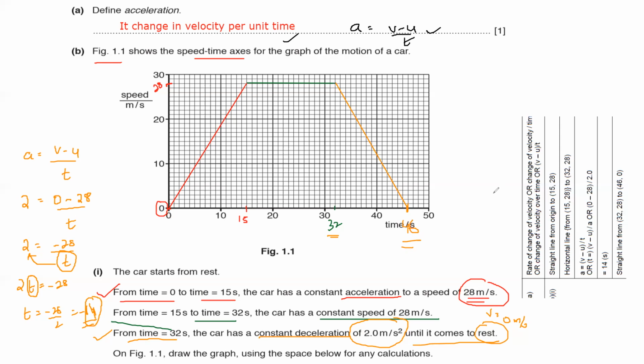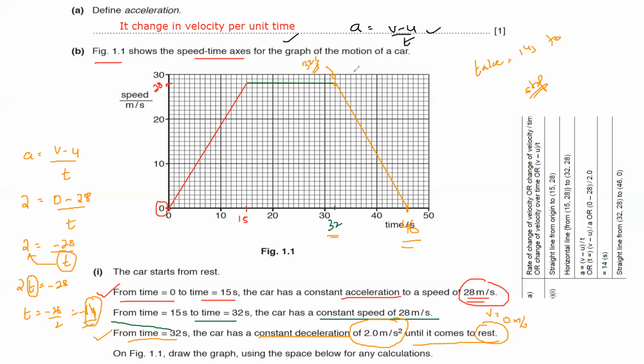That is how we complete a speed time graph for the motion of this car, which first had a constant acceleration, then a constant speed, and then deceleration. Here the time is 14 seconds. So what does it mean? It means that it will take 14 seconds to stop. At this moment, when the car was moving with a constant speed, it is already 32 seconds.